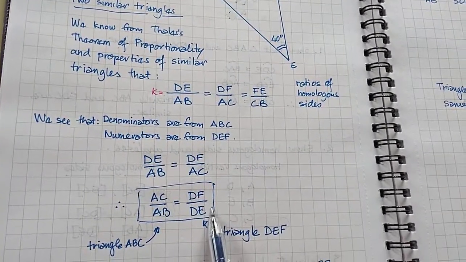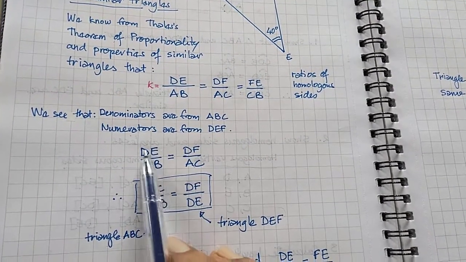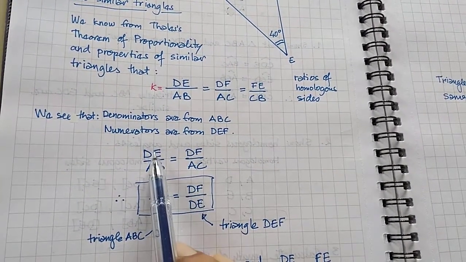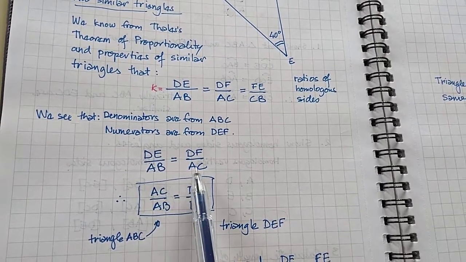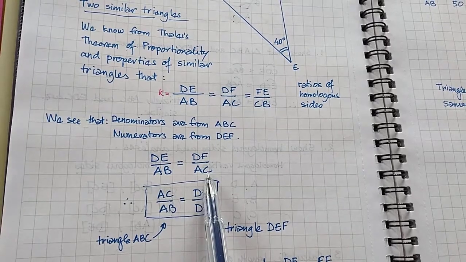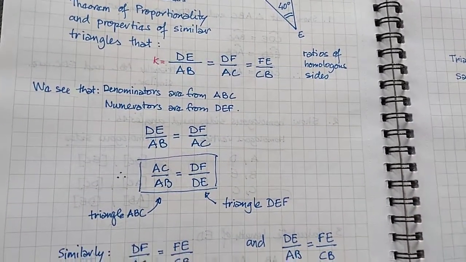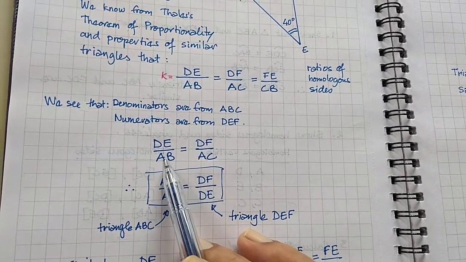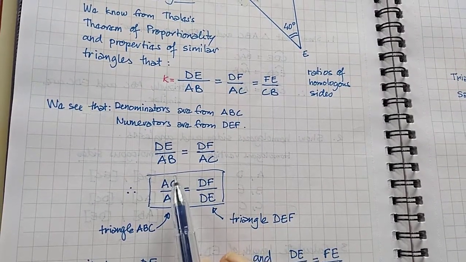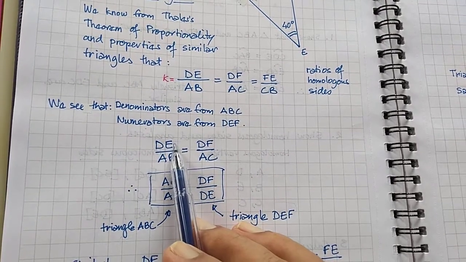By simple algebraic manipulation, we'll move AC over there and we'll move DE over here. We will exchange DE and AC. Now, move and exchange are not really mathematical operations, but what we are doing in effect is multiplying both sides by AC. So when I multiply this side by AC, AC gets cancelled out and I get AC there.